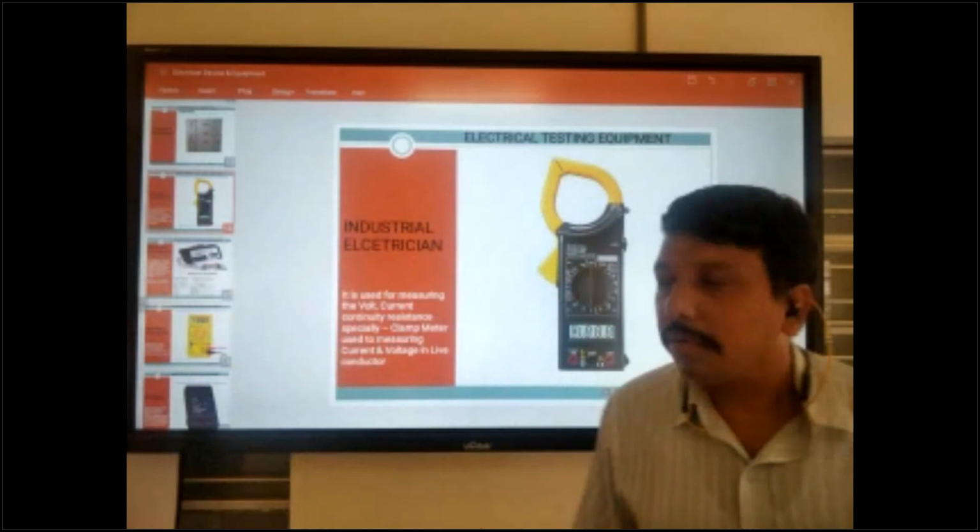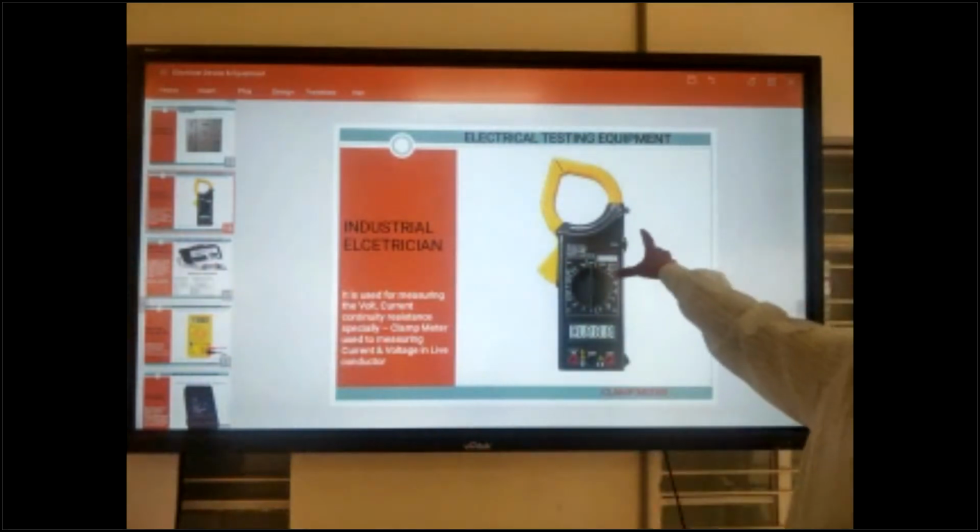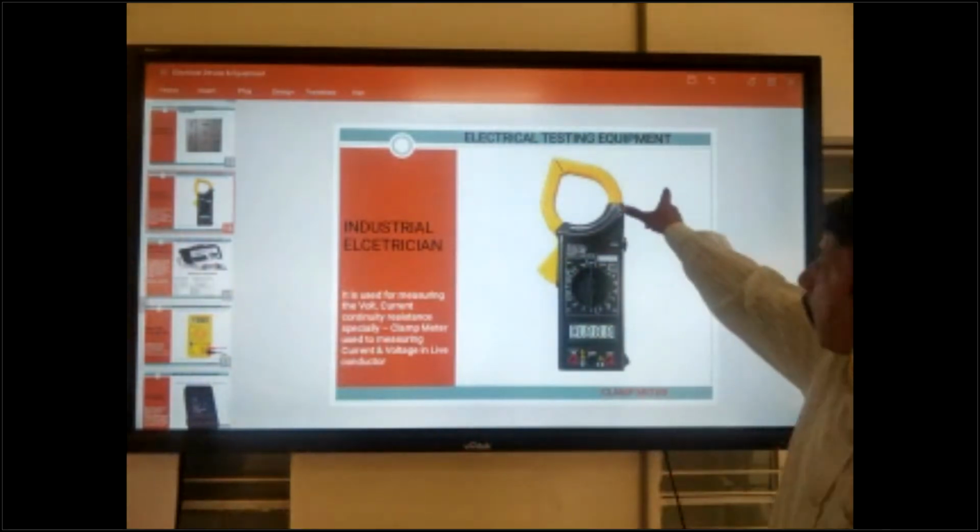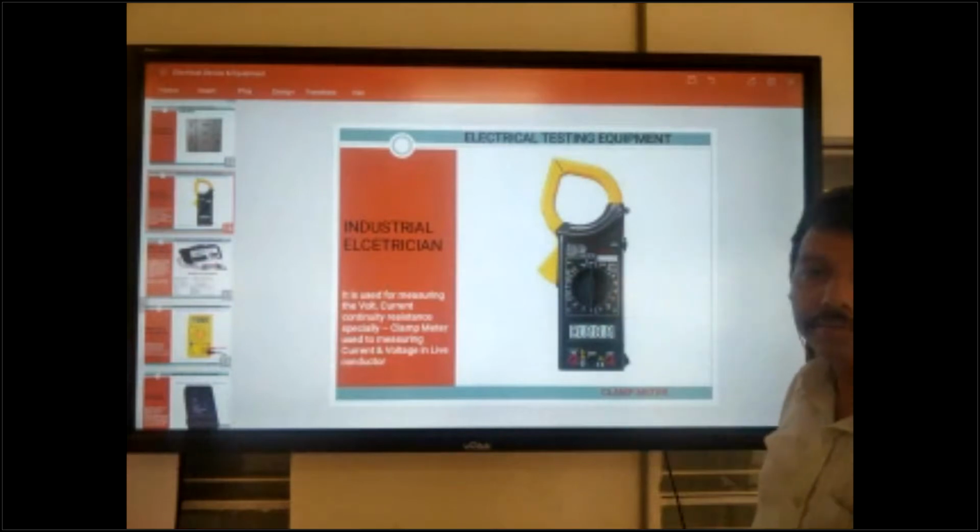Just before class, we completed the work on the clamp meter and how to use it.